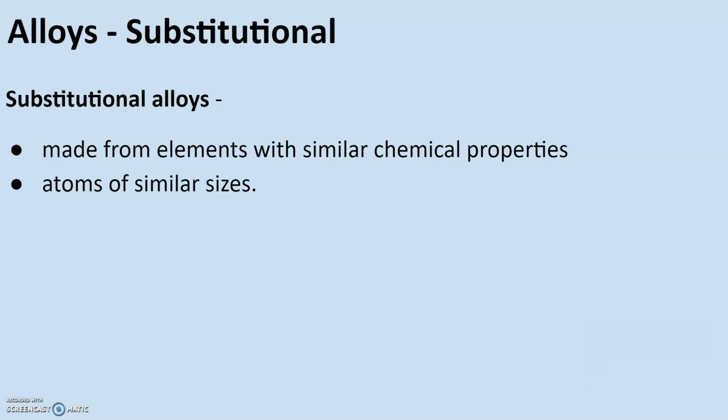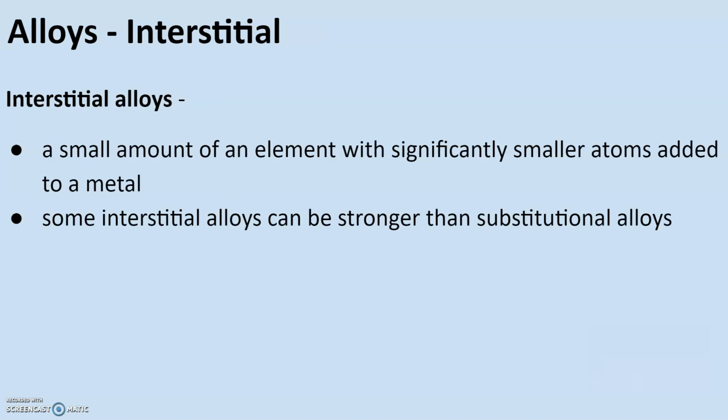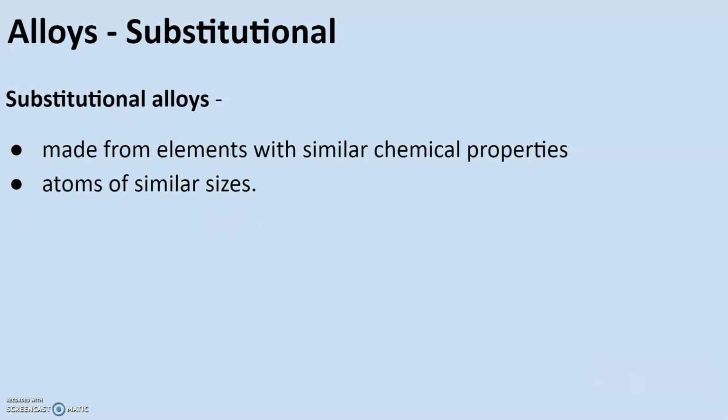To swap. So what we're doing in our substitutional alloys is swapping some of the metallic elements with another element of a similar size and a similar property. So this is typically alloys that are a combination of two different metals.